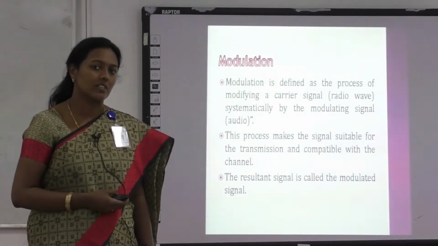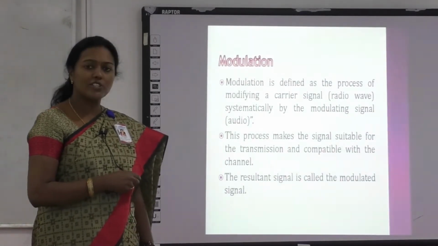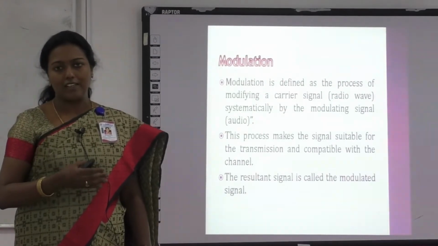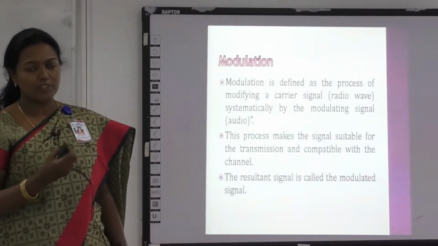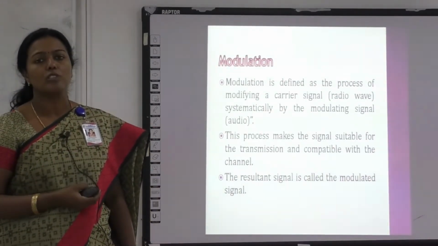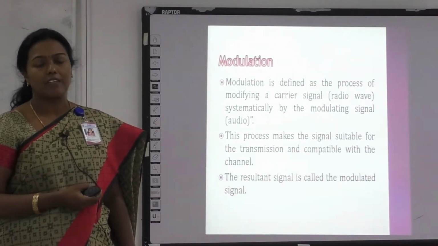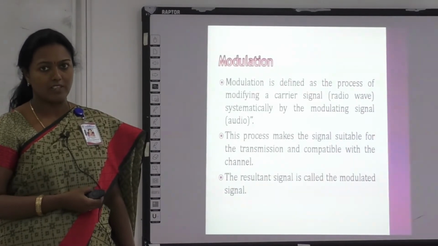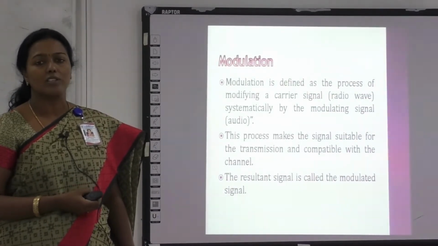In analog communication, the signals to be modulated are analog signals, but in digital communication, the signals to be modulated are digital signals. So here, in modulation, we are going to make use of modulating signal, that is the message or the signal which is to be transmitted, and we need to use high frequency carrier. Carrier signals are used to carry the message or information since it is being transmitted over long distances.